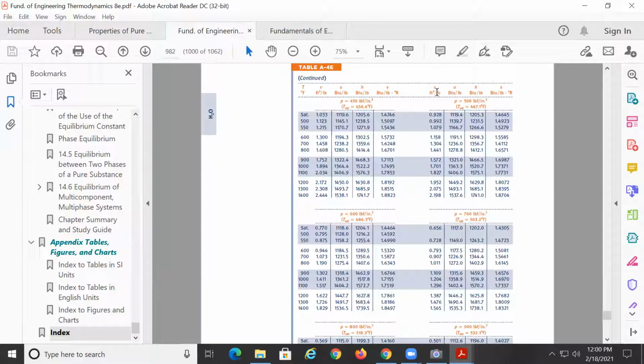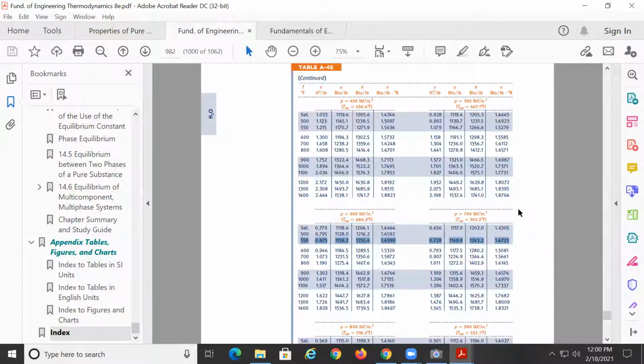And you see here, the first column here is V, U, H, and T. So what do we know? The temperature is 550. So it's this line over here with this line over here. All right? So it's a lot more clear on your screen.